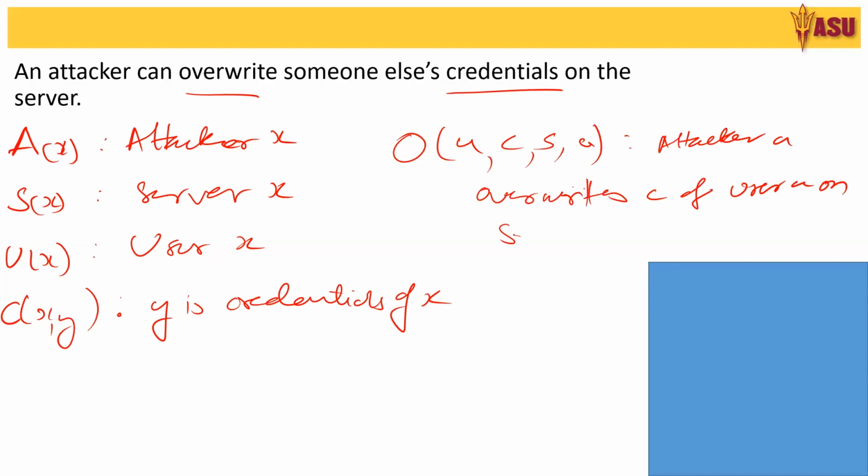Now, using these four, let's write the predicate statement for the above line. There exists a user U, there exists a server, and there exists an attacker.